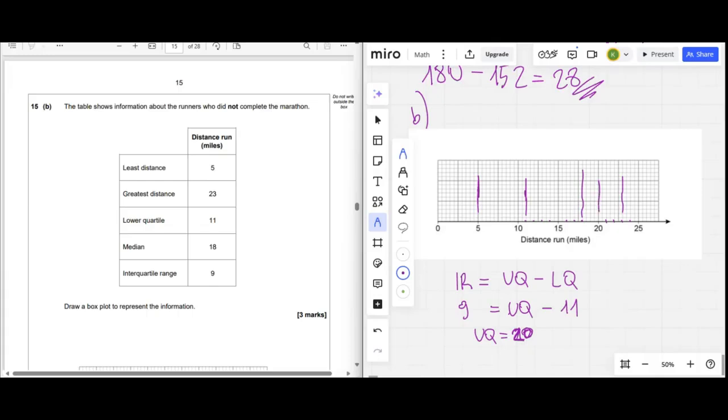Okay, we have all the lines, and the box is within the quartiles. So here and there is the box, and whiskers are just attached to the box. Something like that. There is 11, there is 18, there is 23.